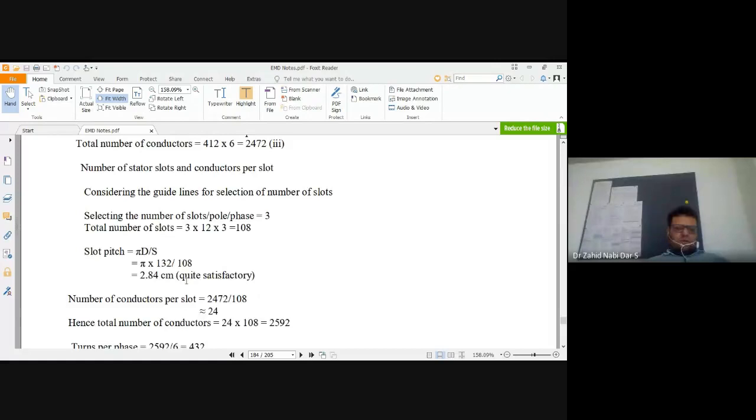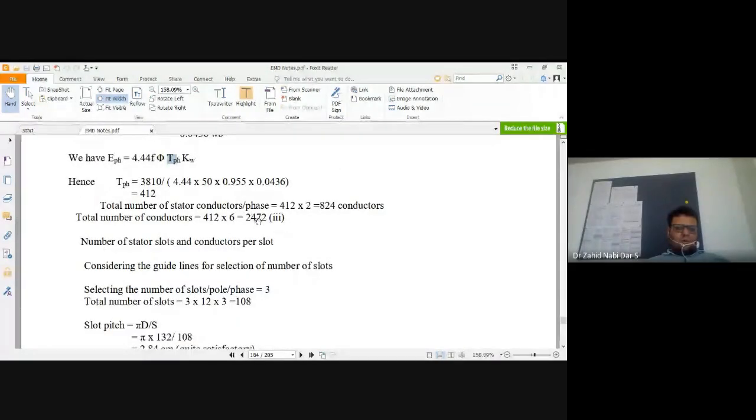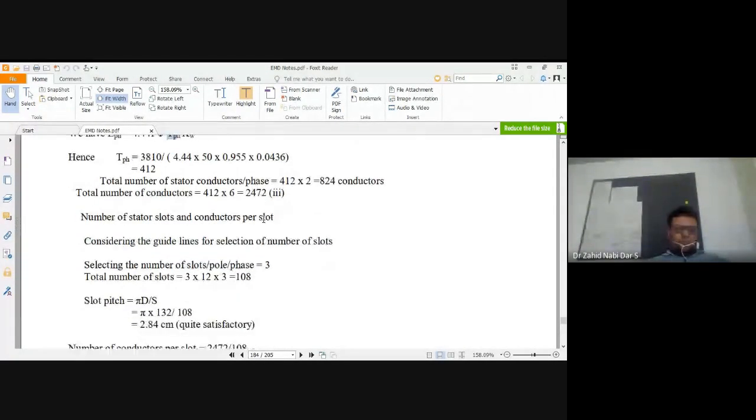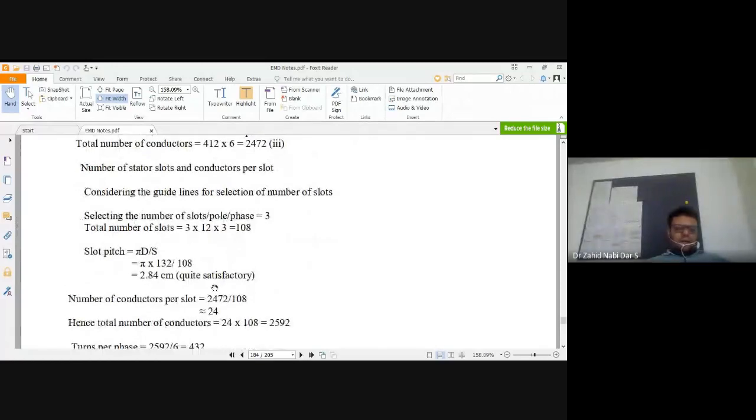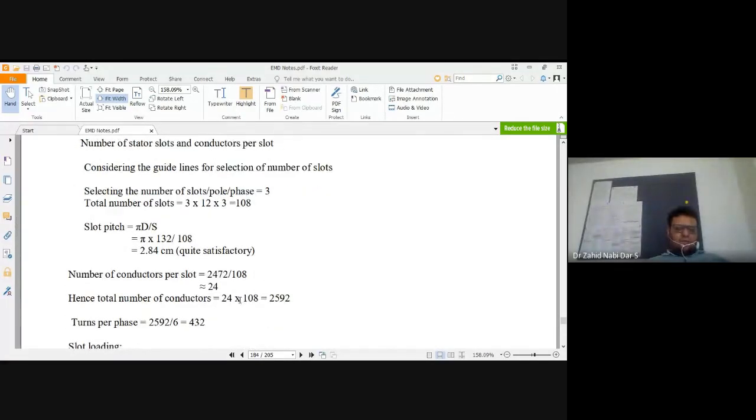Now the number of conductors per slot. Total number of conductors we saw, 2472, and the total number of slots we require is 108. So the number of conductors per slot is 24.